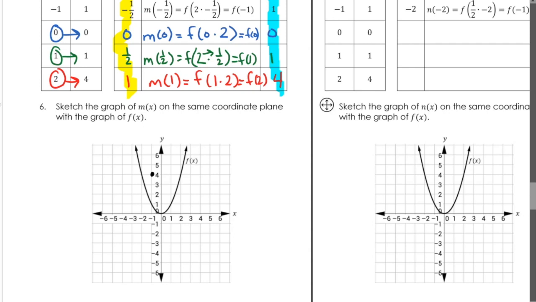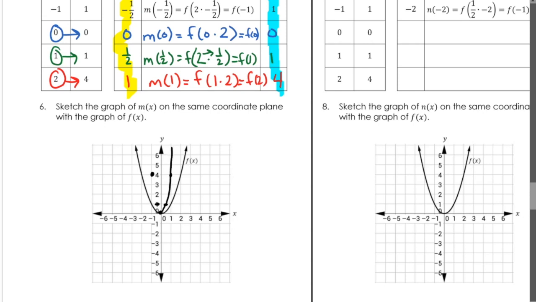The next one is -1/2 and 1. So -1/2 is in between 0 and 1, and that point would be right here. Okay. Then I have 0, 0, so it starts right in the center, and 1/2 and 1. So that would be about right here. And last but not least, 1 and 4.